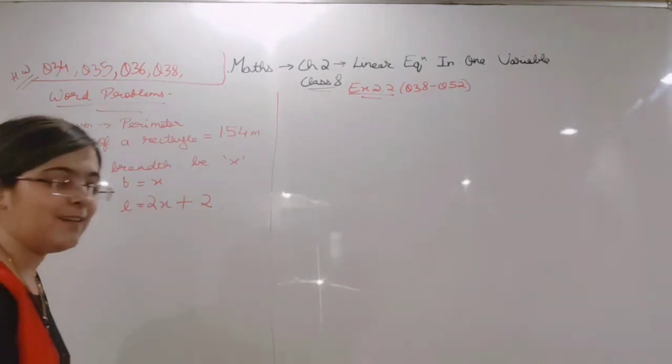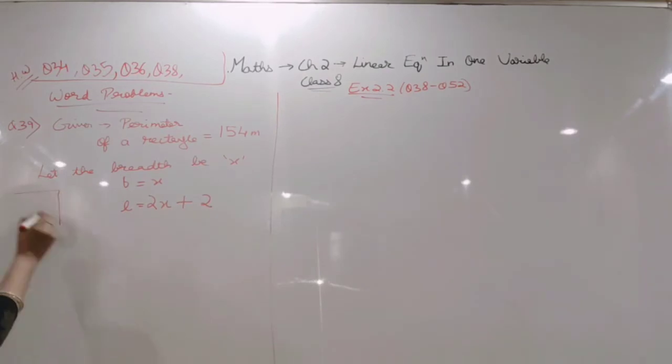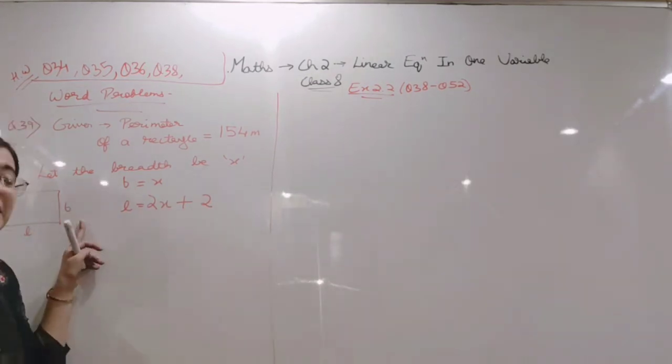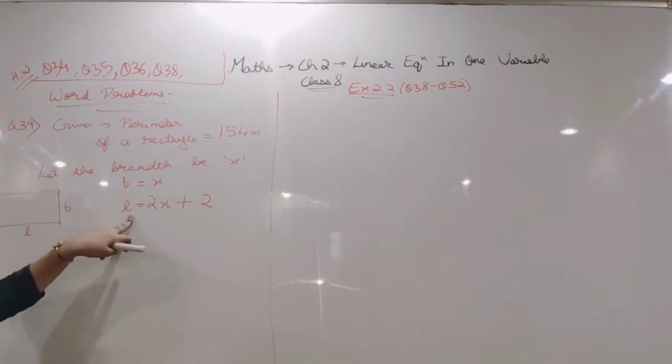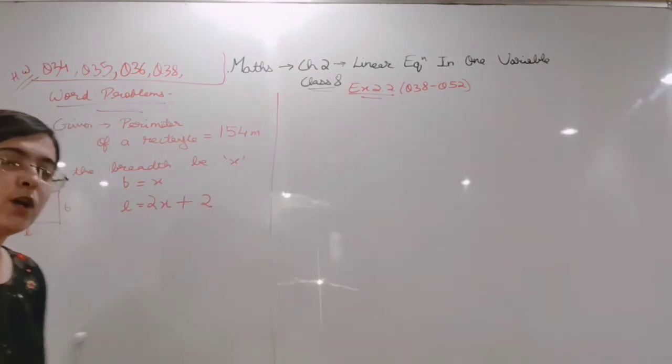So it will be your L. Clear, students, if it is a rectangle, this is your length and this is your breadth. Clear what we have written? That there is a rectangle with length L and breadth B. We have taken breadth as x, and as the question is given, your length will be 2x plus 2.